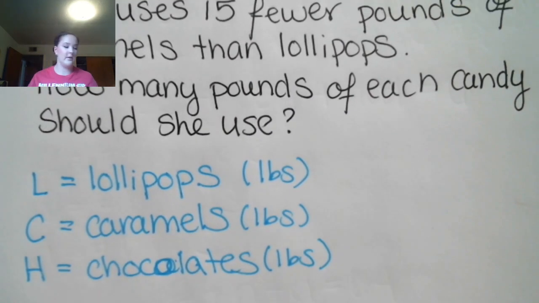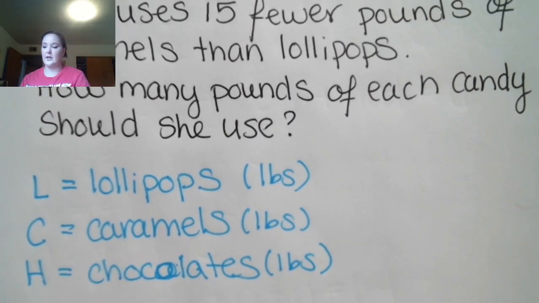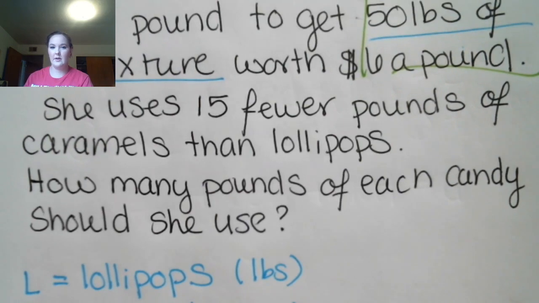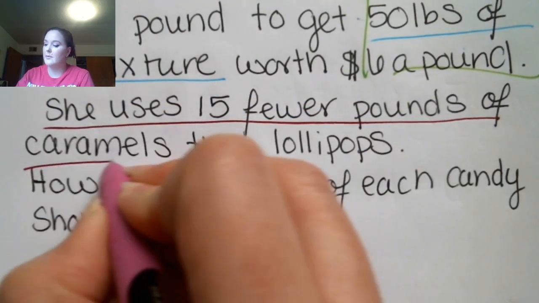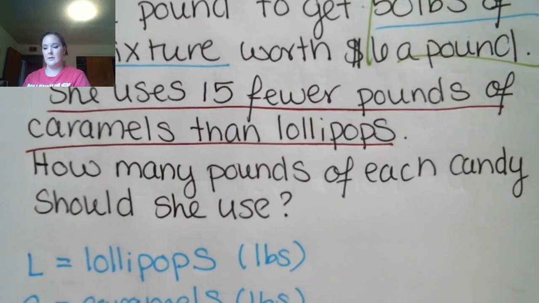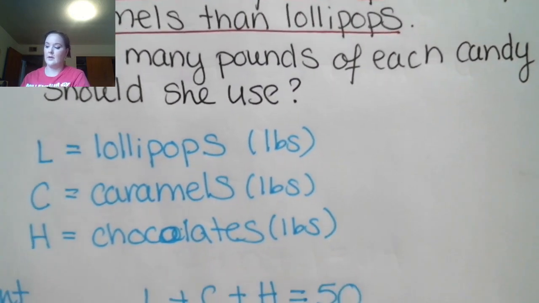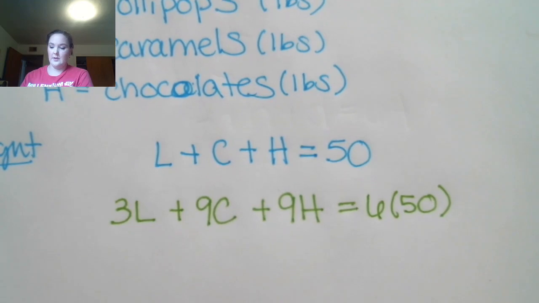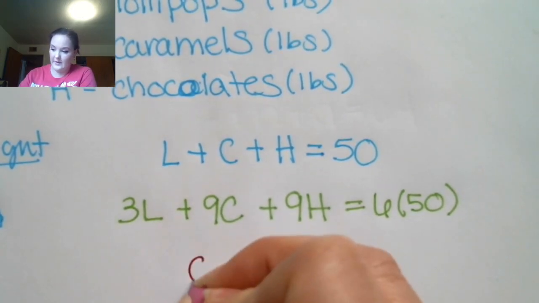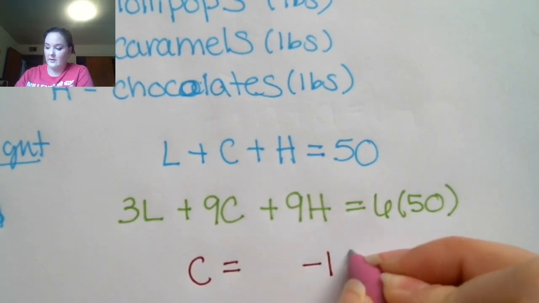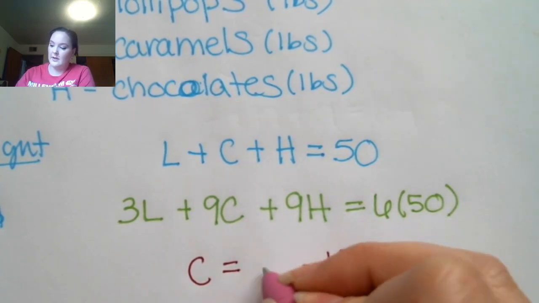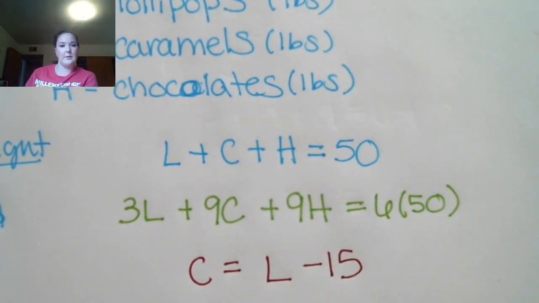Then the last equation is going to come from where it says she uses 15 fewer pounds of caramels than lollipops. So the weight of caramels is 15 fewer than the amount of lollipops.